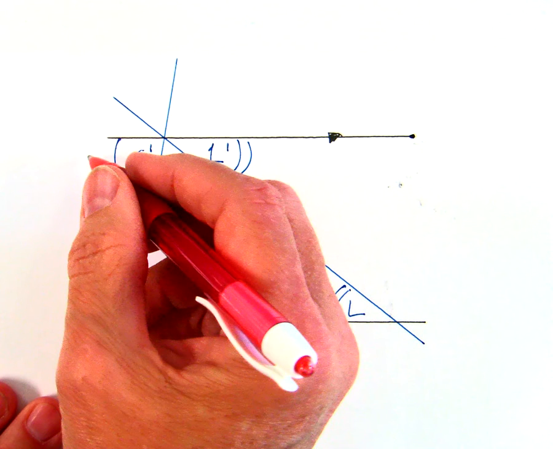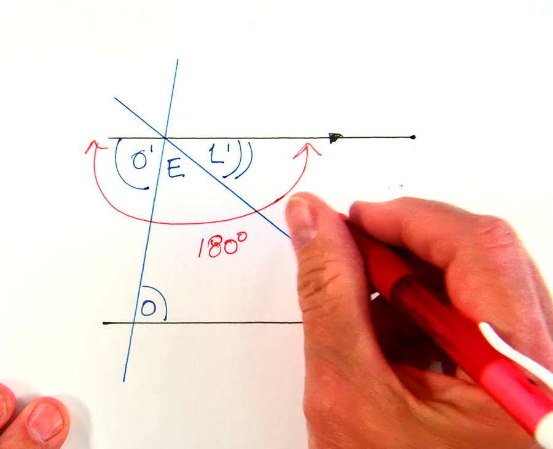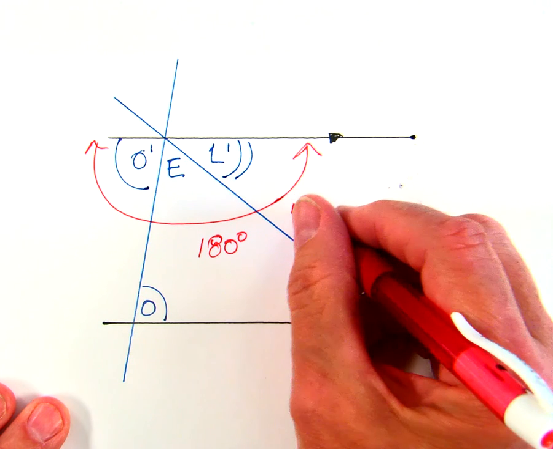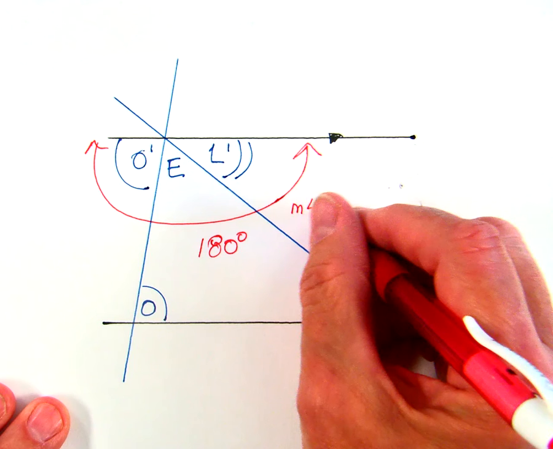Right, this up here is still a line. We just did this line thing. That's 180 degrees. It's a straight angle with its vertex there. So what we can say here is that the measure of angle O prime plus the measure of angle E plus the measure of angle L prime is 180 degrees.